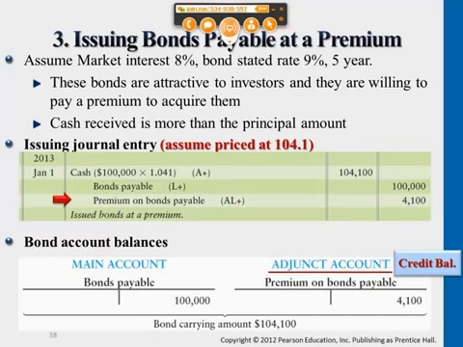Because we're collecting more money when we issue it, and at the end we're still paying back $100,000 to the creditor regardless of the case, we will have to do something about this $4,100. The 104.1 is given to you.